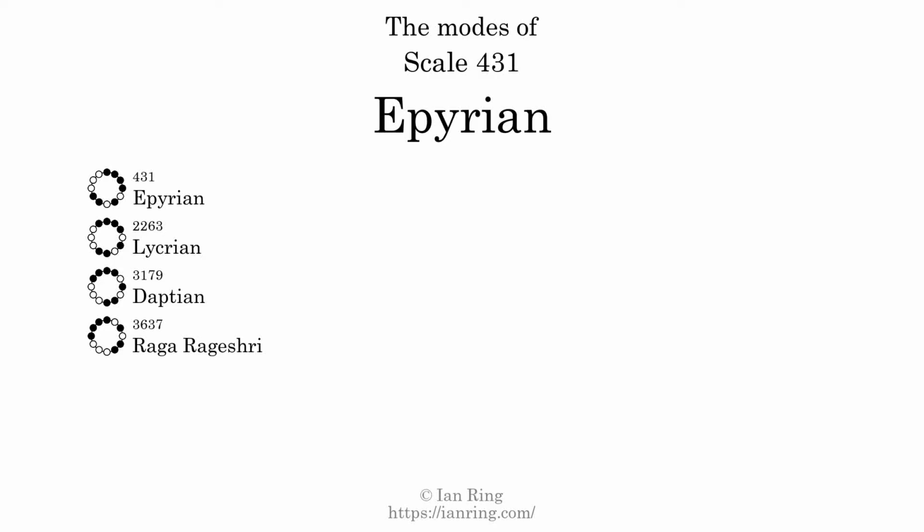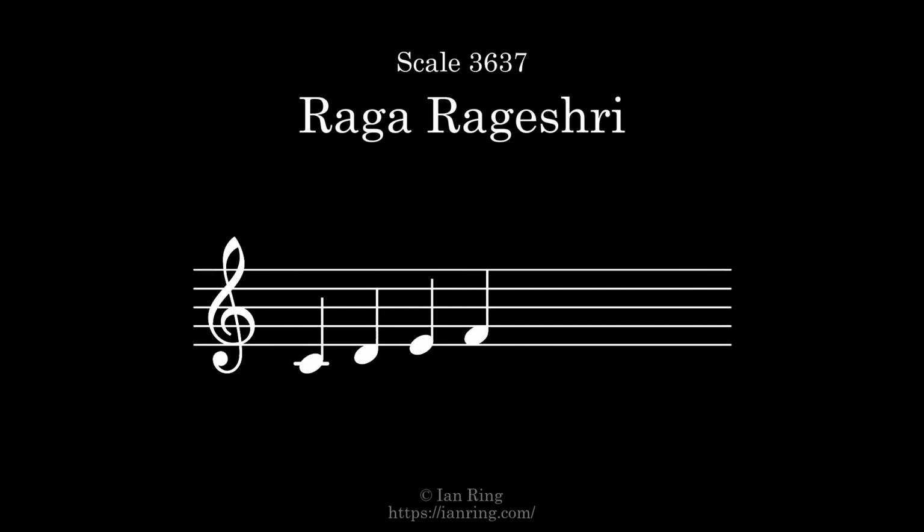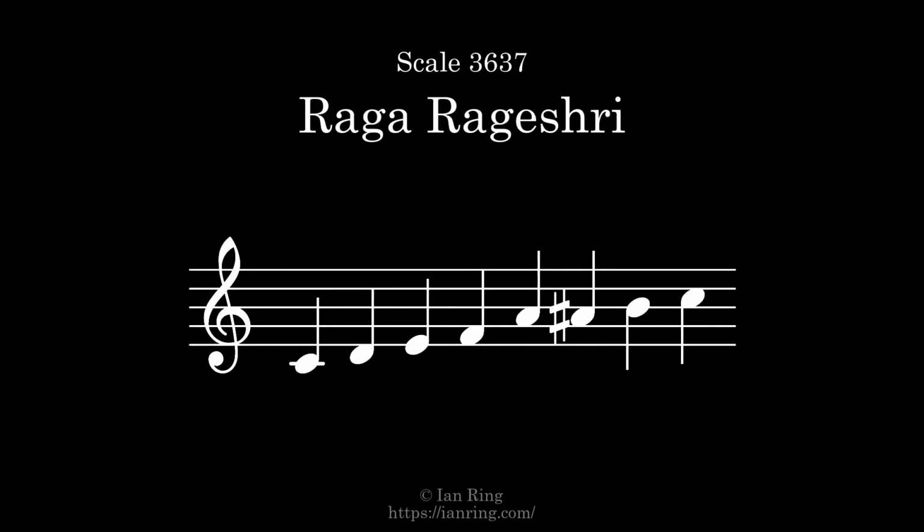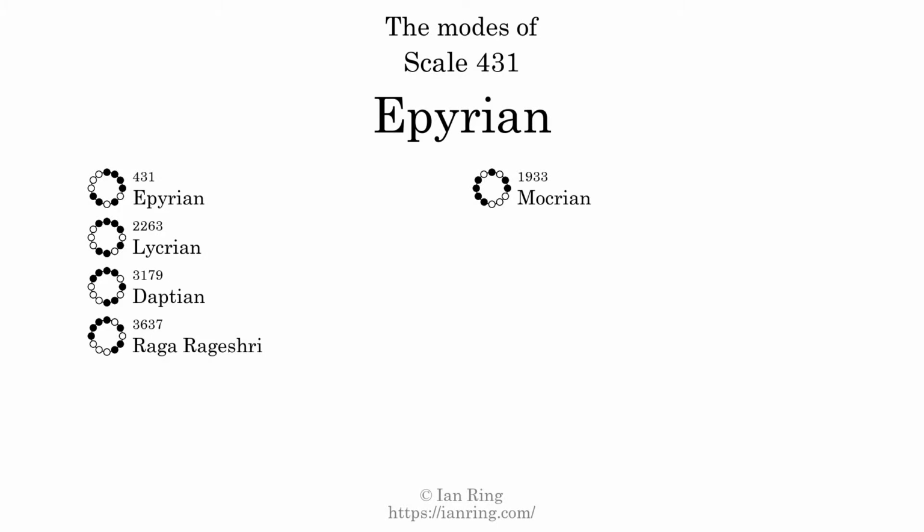The fourth mode is scale 3637, also known as Ragamaturi. It sounds like this. The fifth mode is scale 1933, also known as Epyrian. It sounds like this.